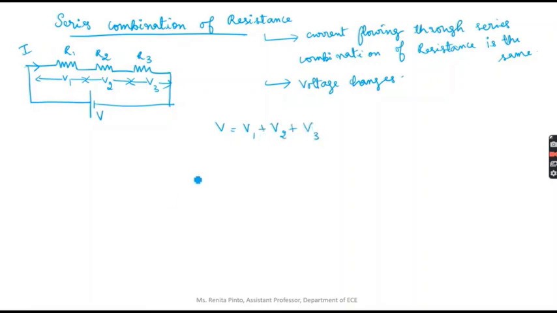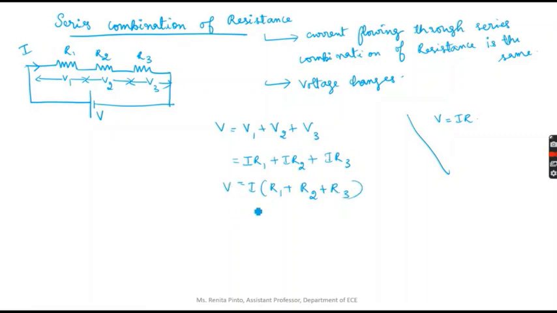Now, according to Ohm's law, V is equal to I into R. So V1 will be equal to I into R1, plus V2 will be equal to I into R2, since again current I is flowing, plus V3 will be I into R3. If I take I common, you will be left with R1 plus R2 plus R3.